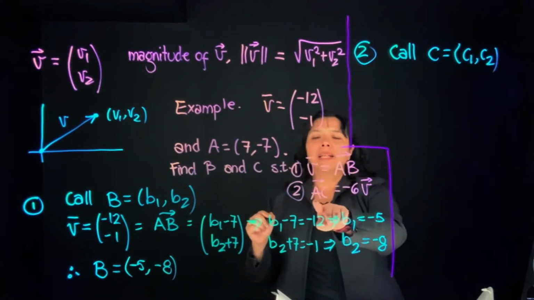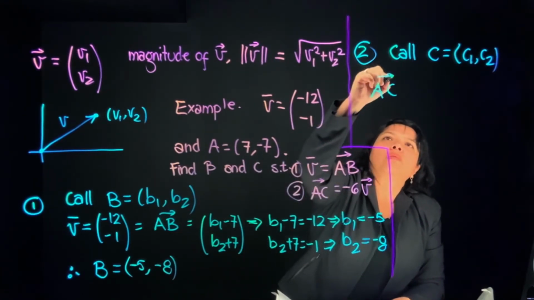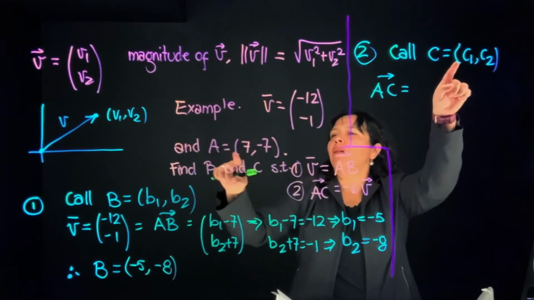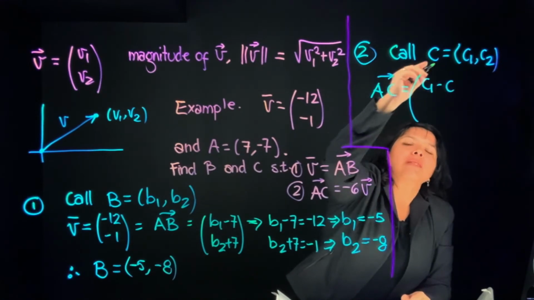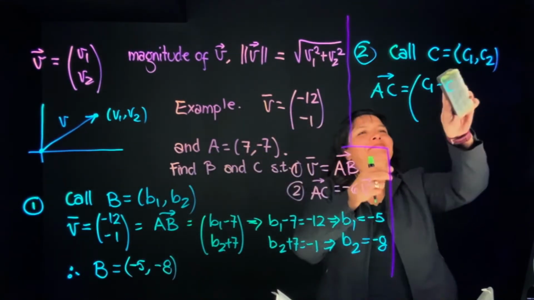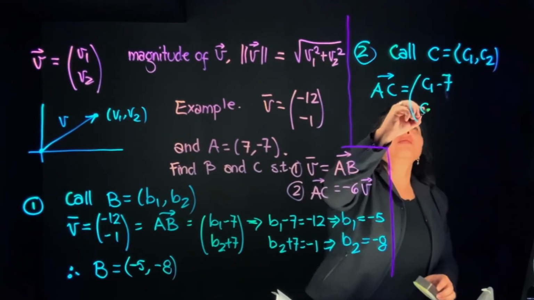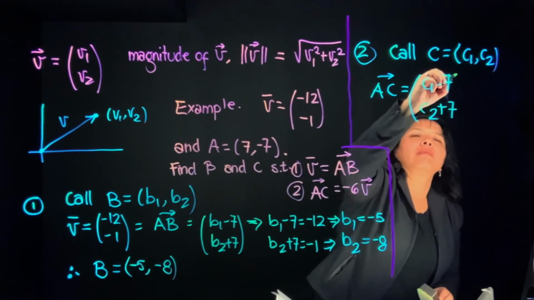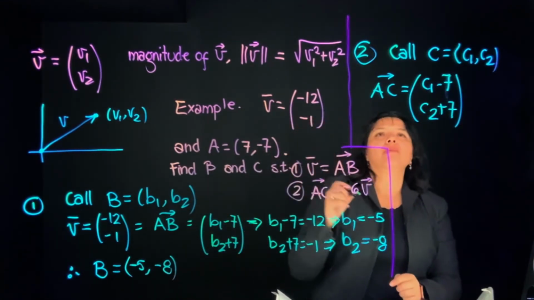And similarly, I want AC to be C1 -7, C2 minus 7, so plus 7. I want this to be negative 6 times v.